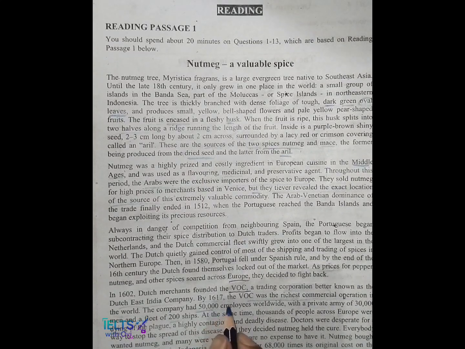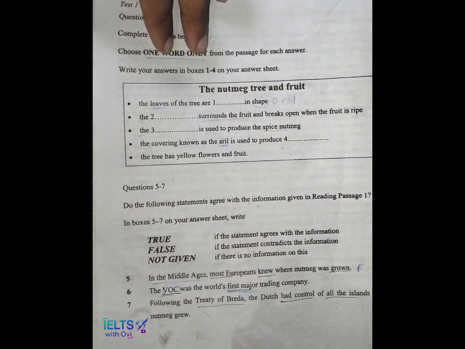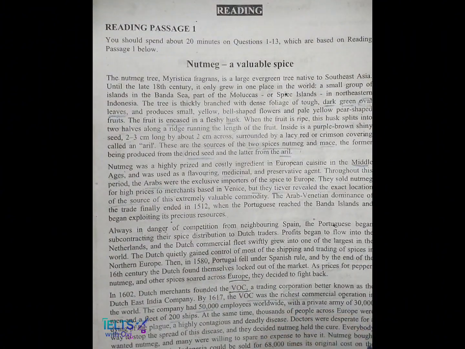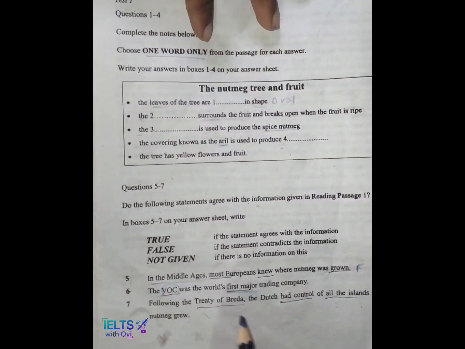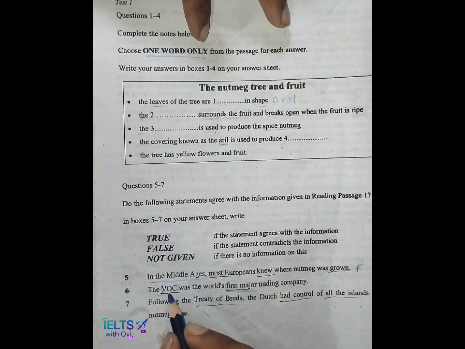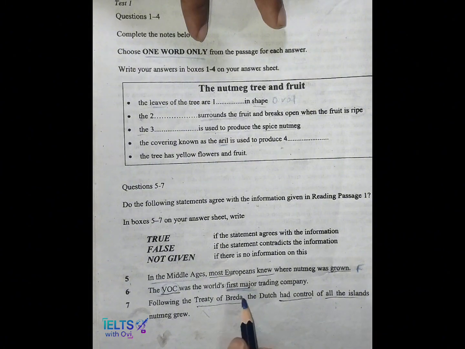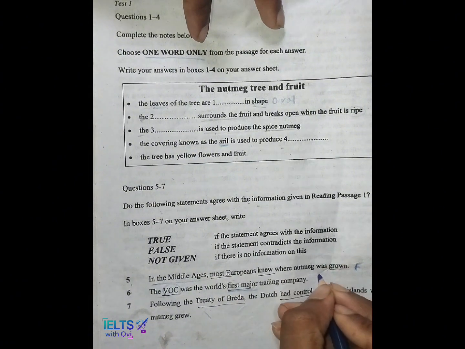At the same time, people across Europe were dying. We find another answer, dying of the disease that fits the blank. Our true/false answer should be not given, because it was the richest commercial operation, but there is no clue that it was the first major company, so it's not given.